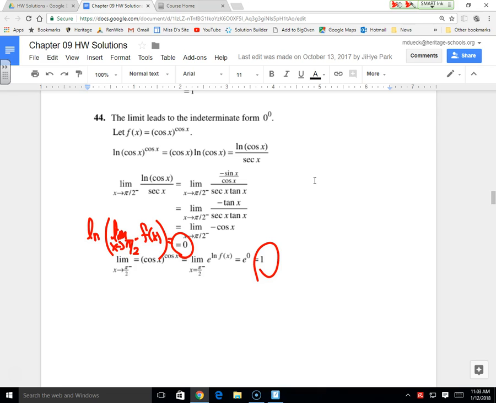So just in case we're going with what they're doing, remember the original problem: cosine x to the cosine x. What I would have done originally is just taken ln of one side, and then written how that is equal to ln of, well, technically I would have just brought down the cosine.